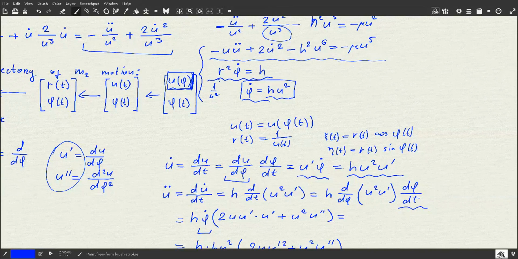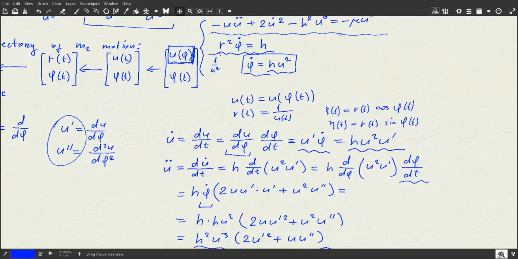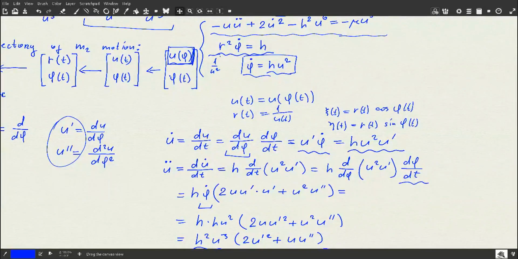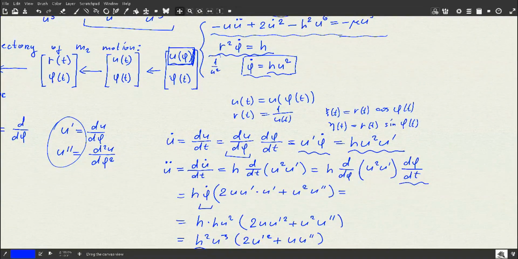Minus u times u double dot plus 2 times u dot squared minus h squared u to the power 6 equals minus mu u to the power 5. Okay. I'm afraid that you would not see it when I move the screen. Can we make it visible? Oh yes, by the way, if I do it that way, then you can see both. All right.